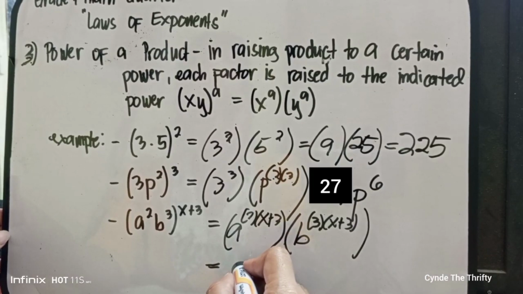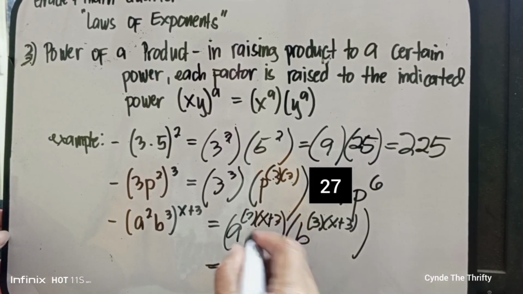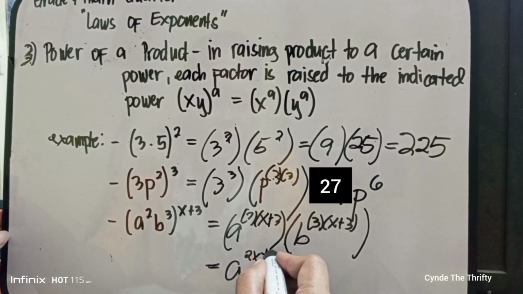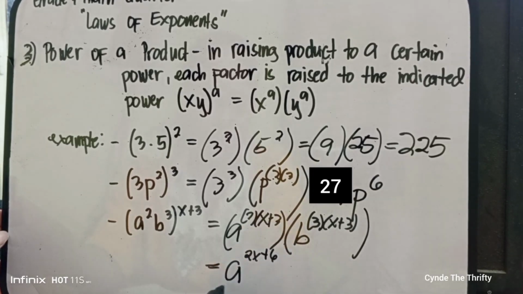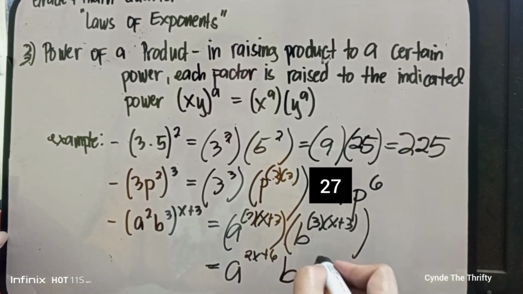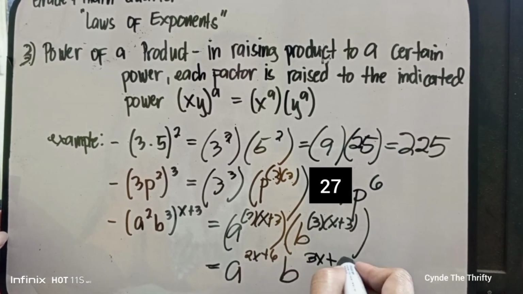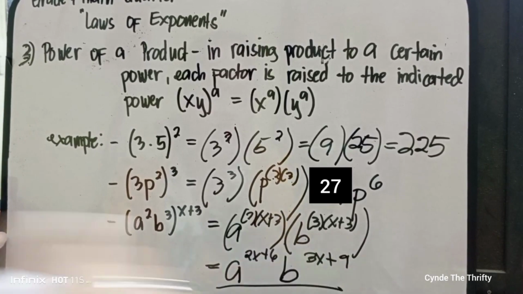So, a, 2 times x equals 2x, and 2 times 3 equals plus 6. So, a raised to the power of 2x plus 6. And then b, 3 times x equals 3x, plus 3 times 3 equals 9. So, yan na yung sagot natin.